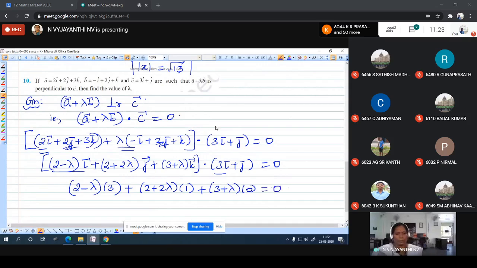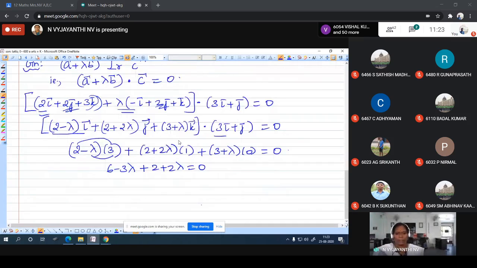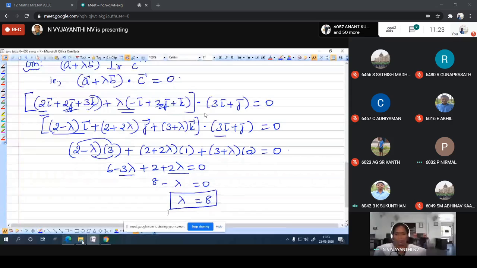If you simplify, 3 twos are 6 minus 3 lambda plus 2 plus 2 lambda equal to 0. So what will you get? Minus 3 plus 2 lambda, so lambda is equal to 8. Have you understood now? Yes, ma'am.